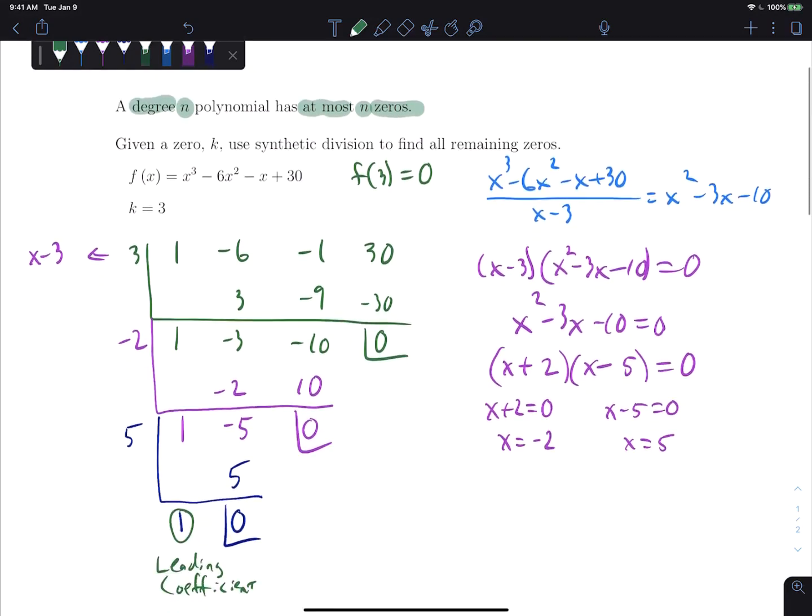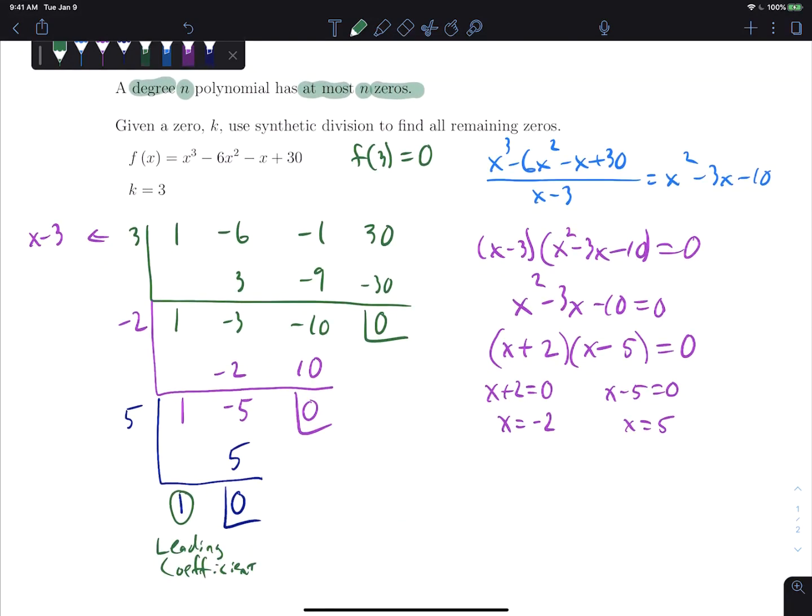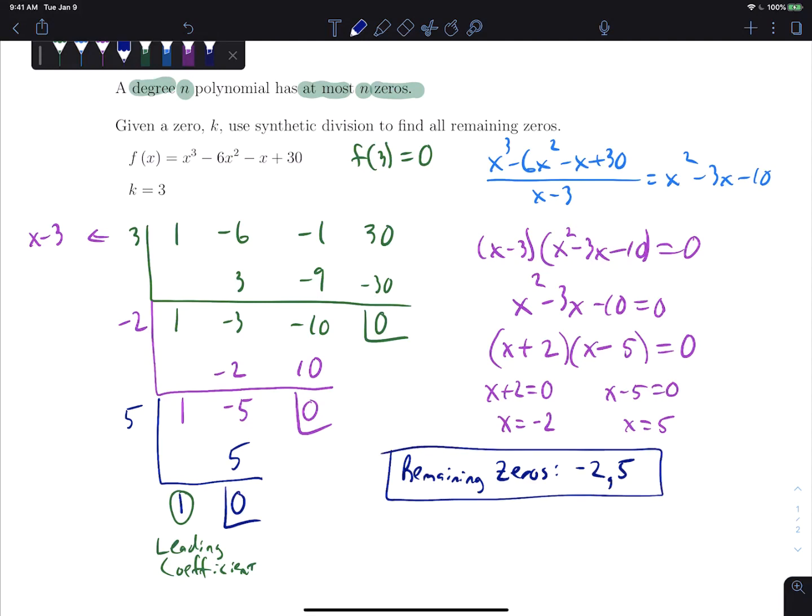Okay, good deal. So just to make sure that we are clear about what our answer here is, the remaining zeros are the following: -2 and 5. That is our answer. Now, if it asked for all zeros, not just the remaining zeros, all zeros of this function are -2, 3, and 5.